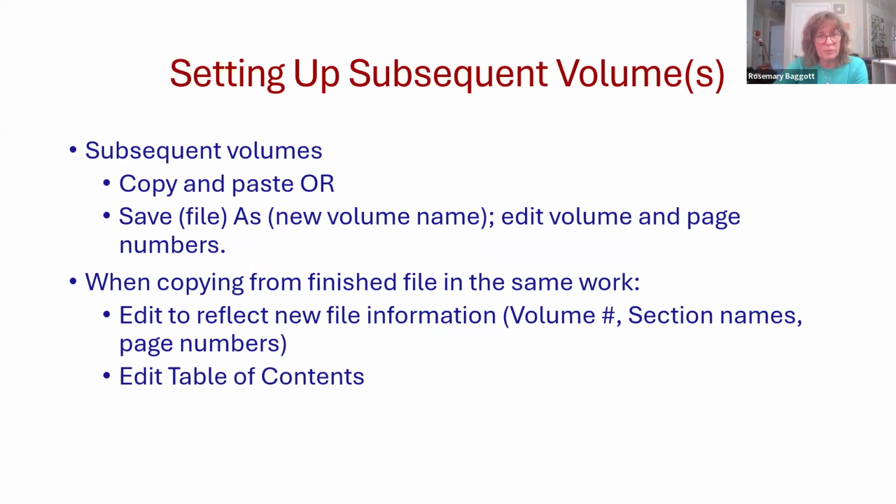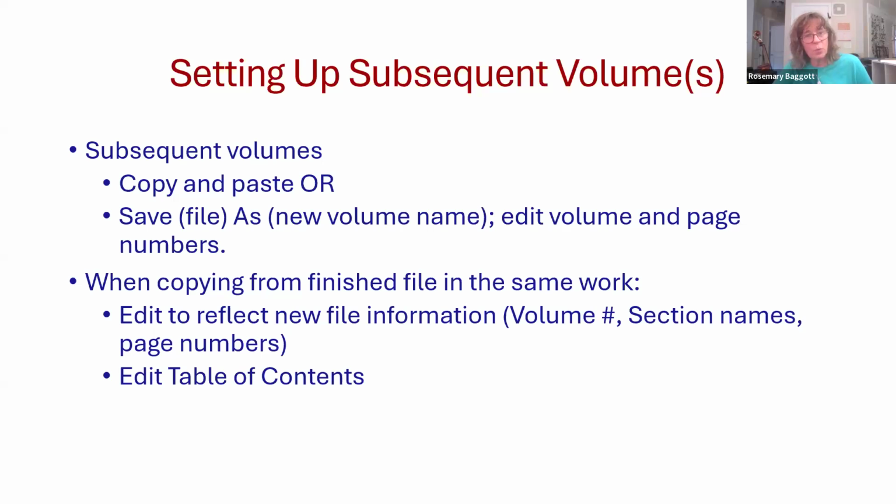There's a couple different ways to set up subsequent volumes. I'm sure there's probably as many different ways to do it as there are transcribers on here. I've done different things over the years and come up with what works quickly for me. So I'll demonstrate that at some point. I tend to save my file as the new volume name.